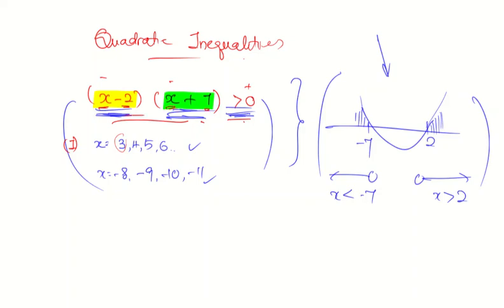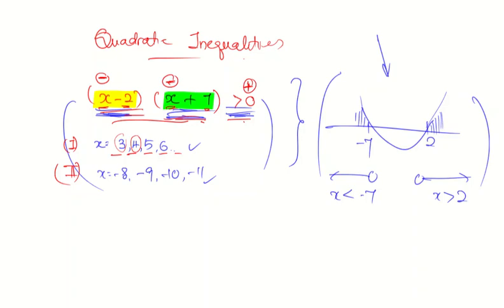Positive times positive is a positive. X must be 4, yeah, possible. 4 minus 2 is a positive. Of course, this one is a positive. Okay, X must be 3, 4, 5, 6, 7, so that both yellow and green are positive. Situation number 2 is both also must be negative. Negative times negative will give me a positive.